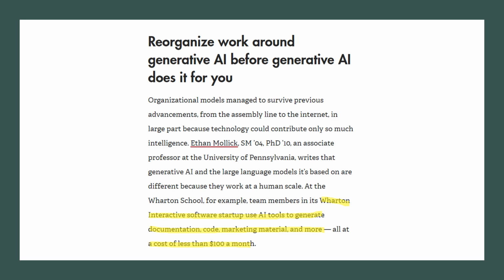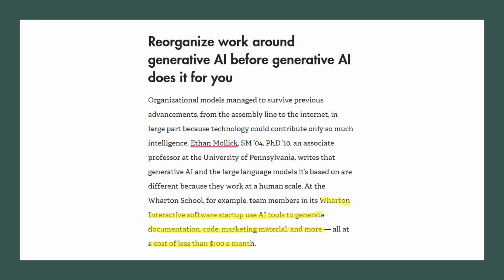Ethan Mollick, an associate professor at the University of Pennsylvania, writes that generative AI and LLMs are different because they work at a human scale.